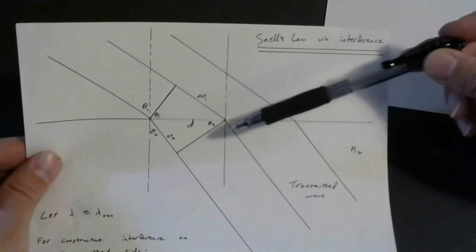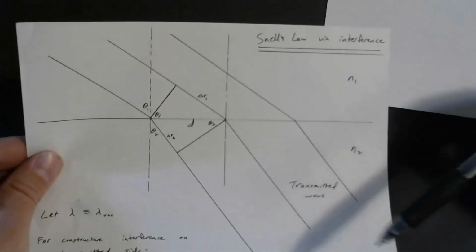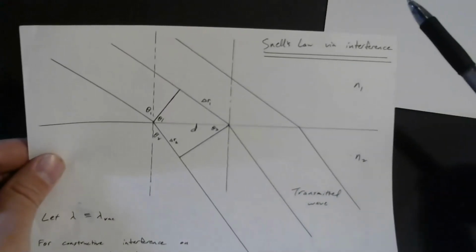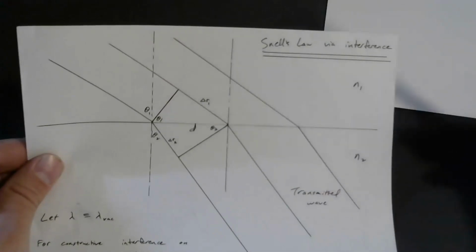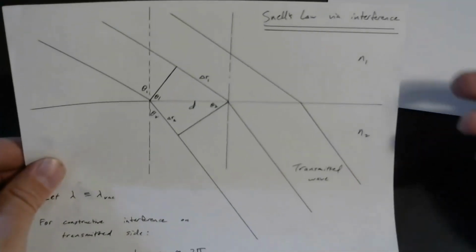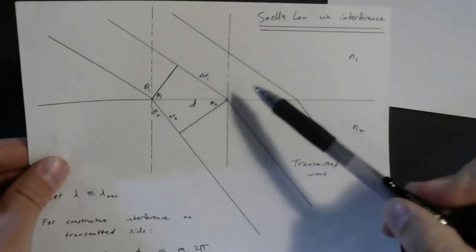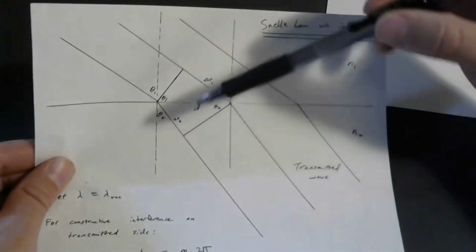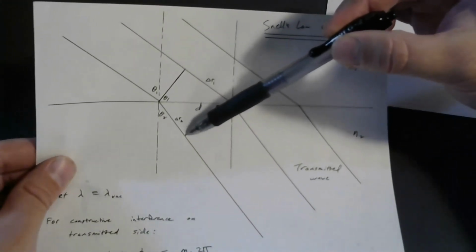And this time, since we're not looking at reflection, I've drawn the refracted rays, the bent rays. Now it's true, some of this light energy will bounce off the surface. There's a combination of transmission and reflection, but we're only looking at the transmitted wave right now. And when you focus on these two rays, again, draw a line perpendicular between the two rays, and you can see that the first ray has to travel a little bit further on the other side of the interface.